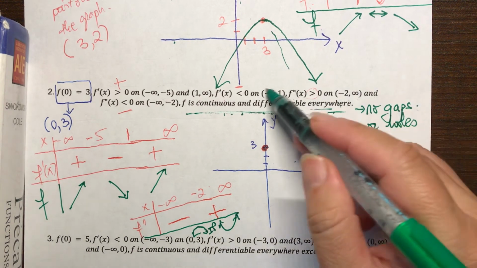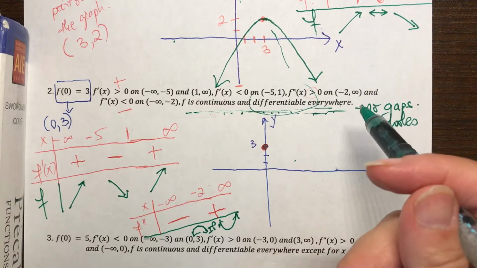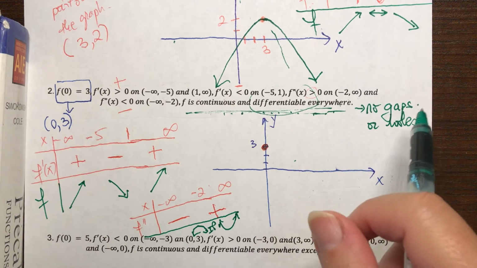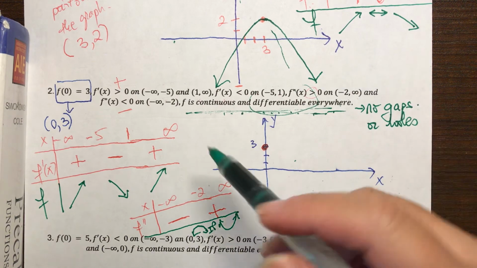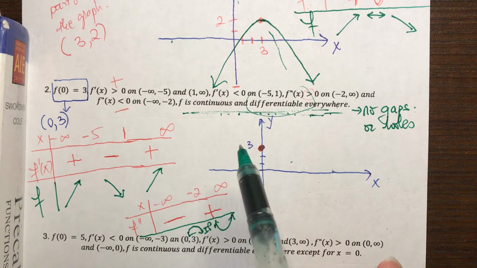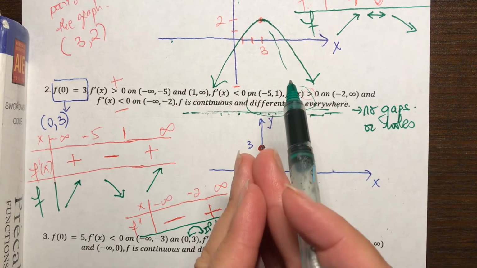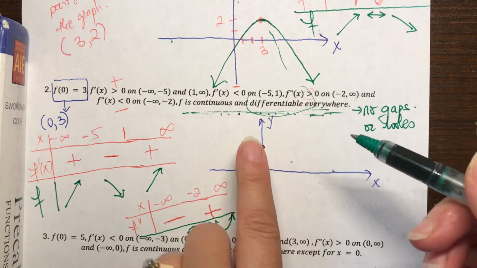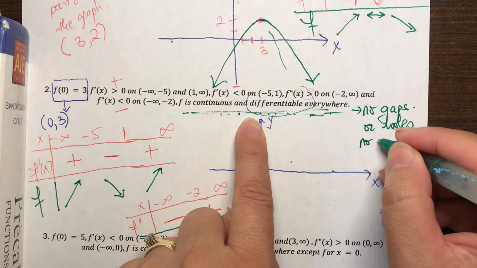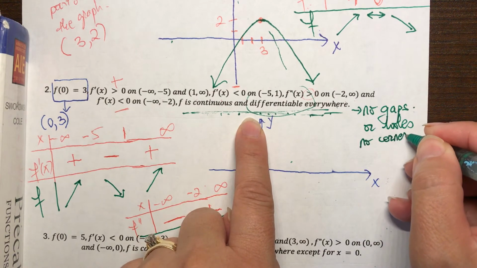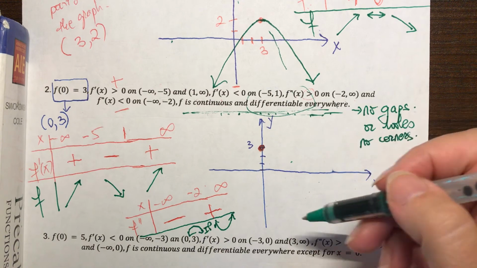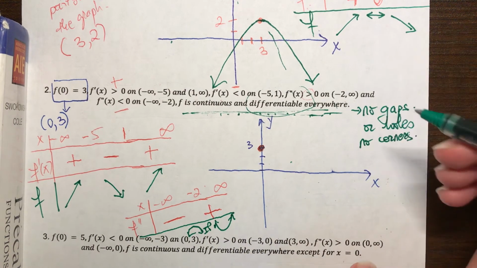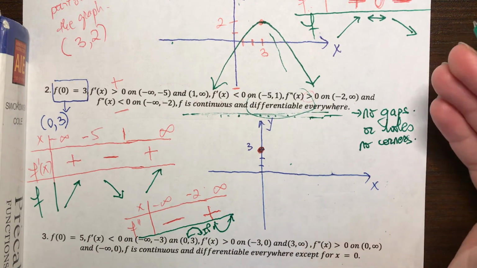Differentiable means, when is a function not differentiable? It's not differentiable if it's not continuous, but we already know that's not true. If it comes to a corner, so because it says differentiable, it also means no corners or vertical tangent line. So it's going to be a nice smooth curve like a polynomial function.